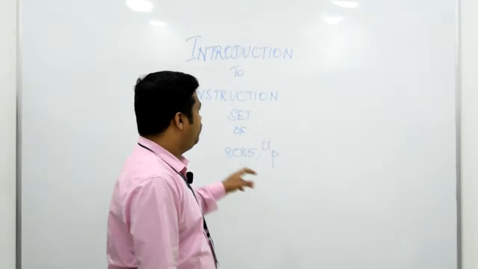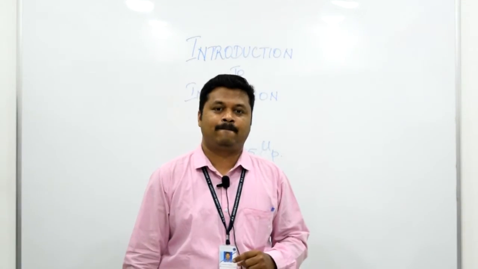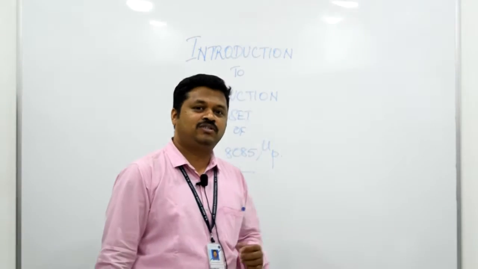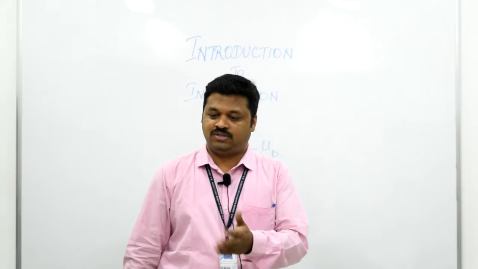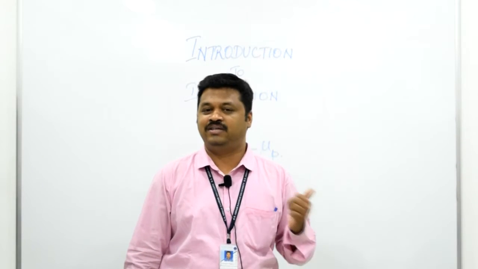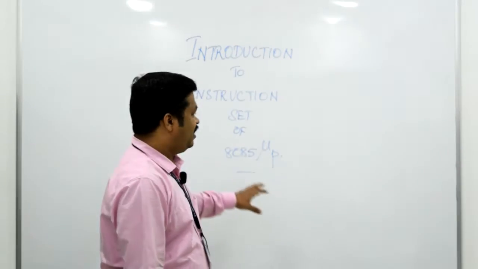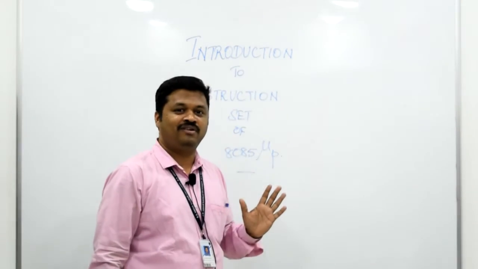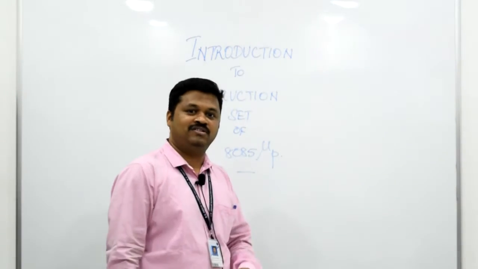Now, to be very specific, why we took the 8085 microprocessor is that 8085 is the base to all the advanced microprocessors. Whatever processor you are using, the base is the 8085 microprocessor. So we have to understand the ABCD of microprocessor. That is why I am going to handle this particular session.